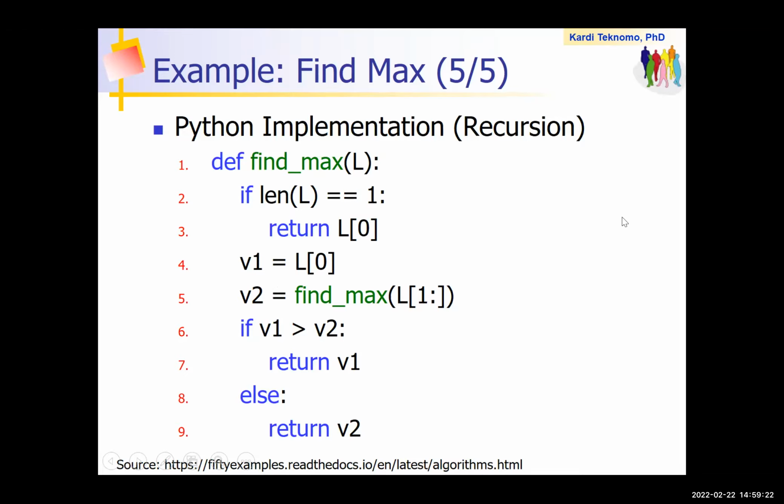You see, this is exactly the same name, but a different value. The first one you already put into V1, so then you use the rest of the list. Then you check, if V1 is larger than V2, return V1, otherwise return V2.